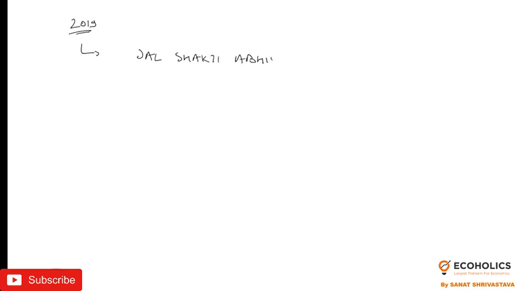The government has also brought up a Ministry of Jal Shakti, and here the Jal Shakti Abhiyan propagates water conservation. So this is the latest effort from the government side that we have.